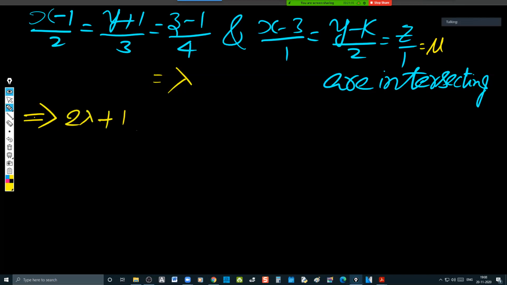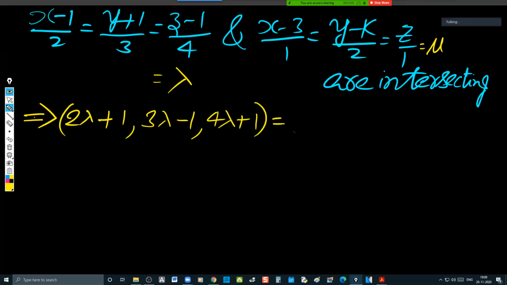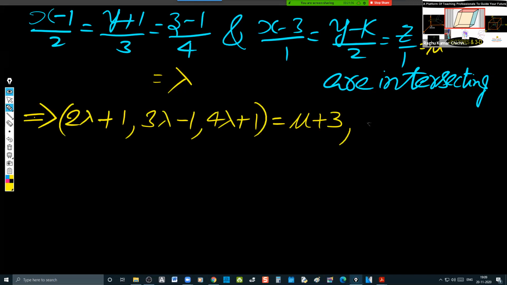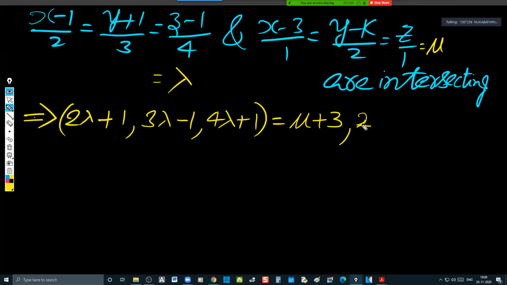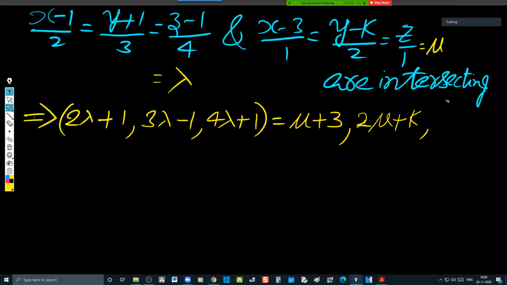Now, Pranit, tell me the general point on the second line? Cross multiply, mu plus 3, 2 mu plus k. Next, mu plus 1.